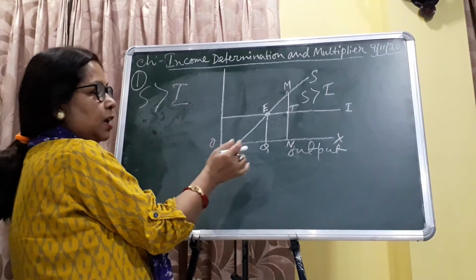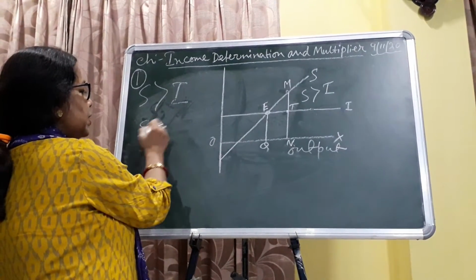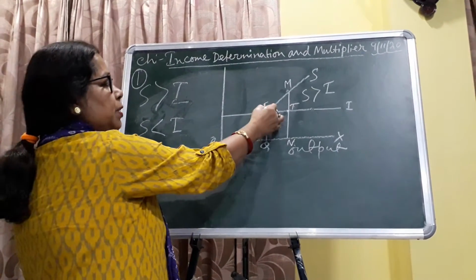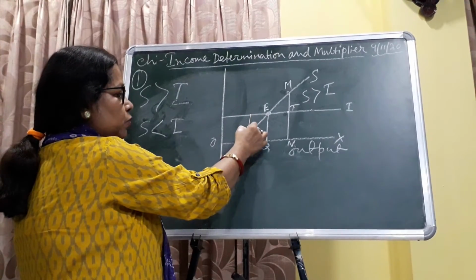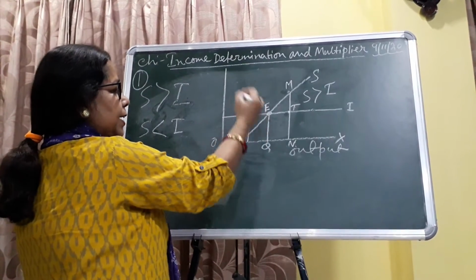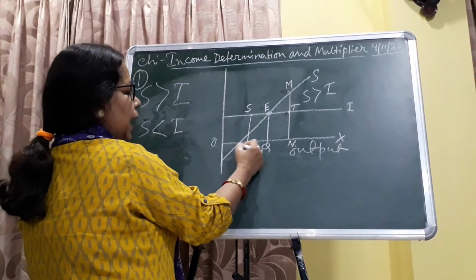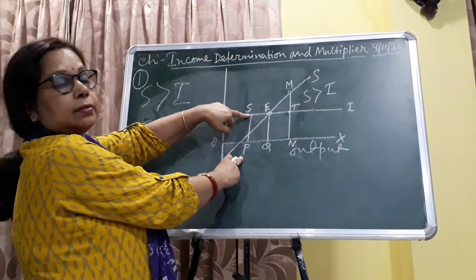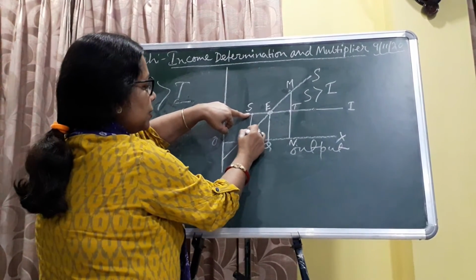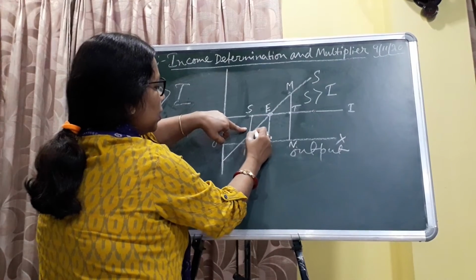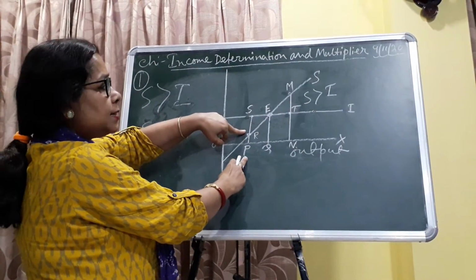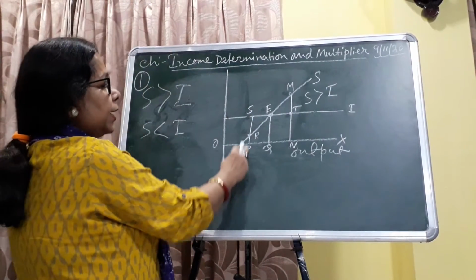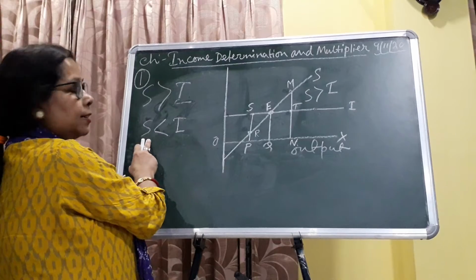Next, if we assume that saving is less than investment, this situation will occur before the equilibrium line. We draw a line here. SP represents investment and RP represents saving. So saving is smaller than investment; investment is greater than saving.